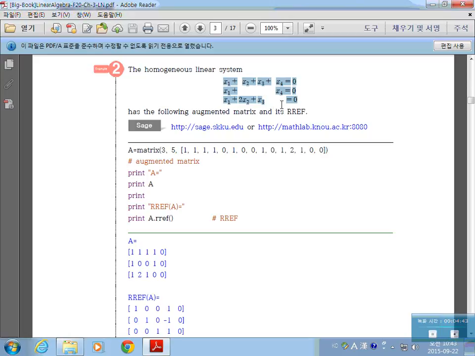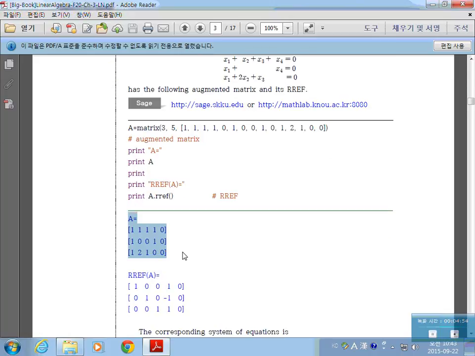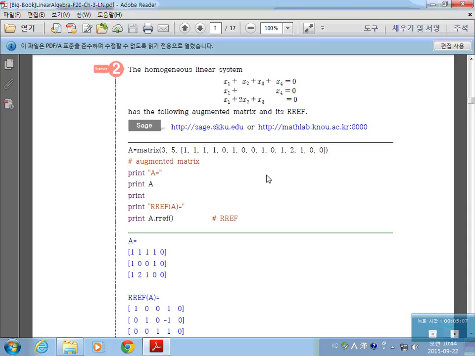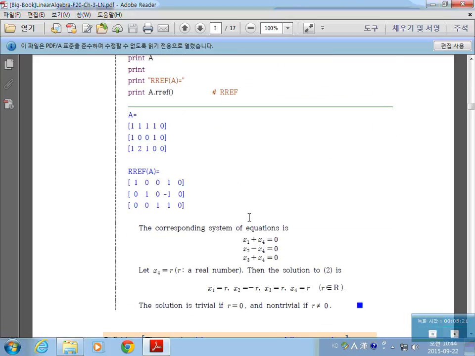Then we can check the augmented matrix and find the RREF of A. This is the RREF of A. This means it has four variables and three equations, so we have at least one free variable, which means it has infinitely many solutions.